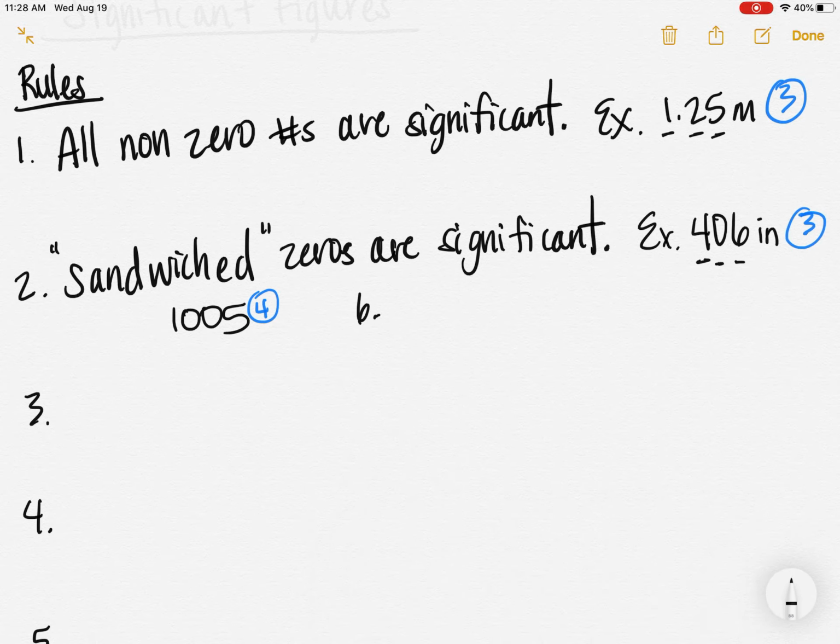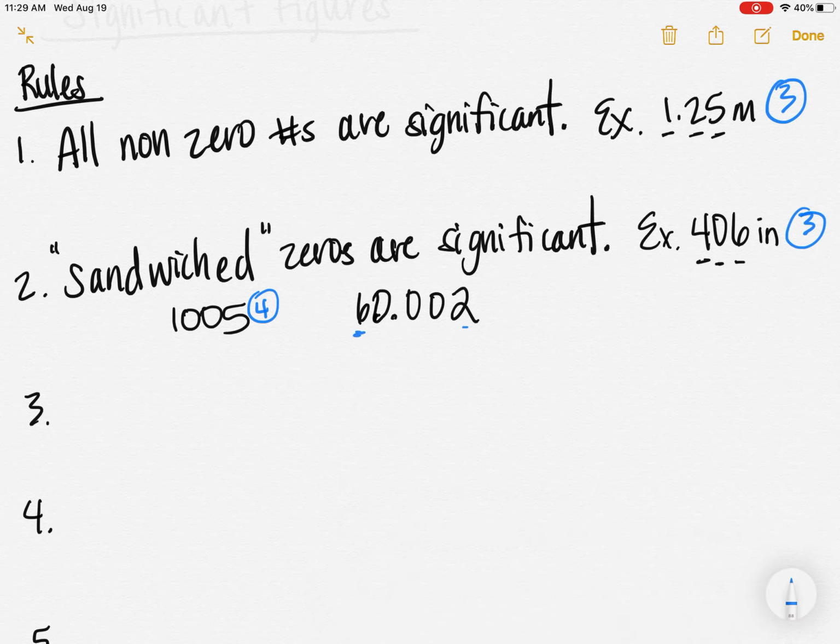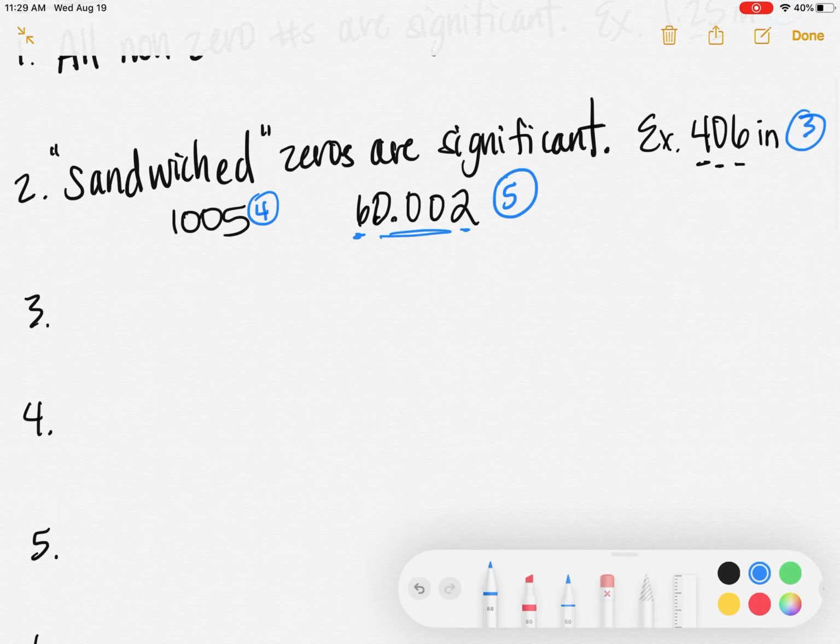So let's do 60.002. It doesn't matter that I've sandwiched all those zeros. They're all significant, sandwiched between, so this number would have 5 sig figs. Okay, so those are sandwiched zeros.